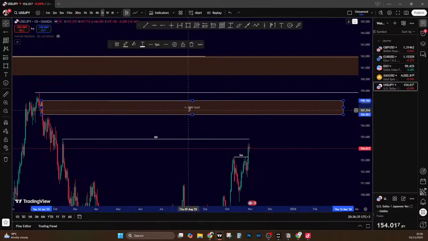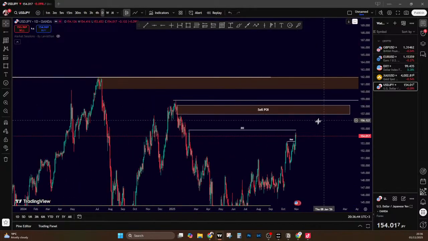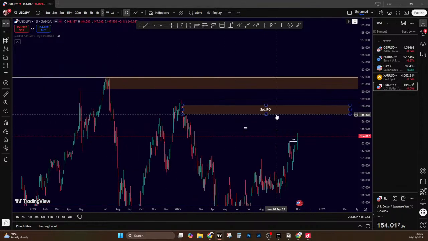This is where I would be looking for a sell opportunity, because the market has to take this liquidity and this liquidity. There's liquidity above, and the only POI I'm seeing above the liquidity is that one.